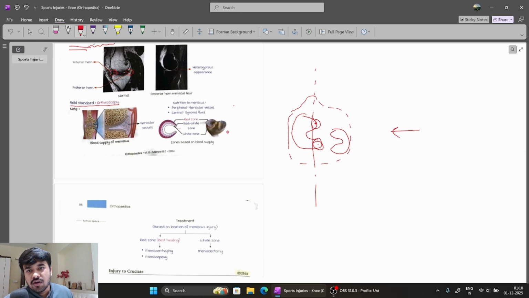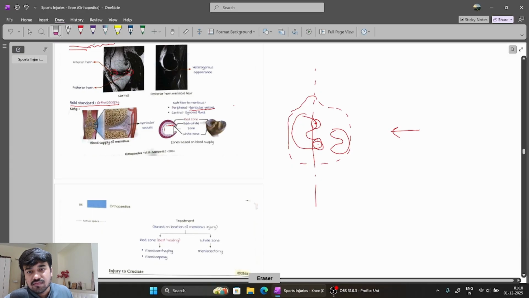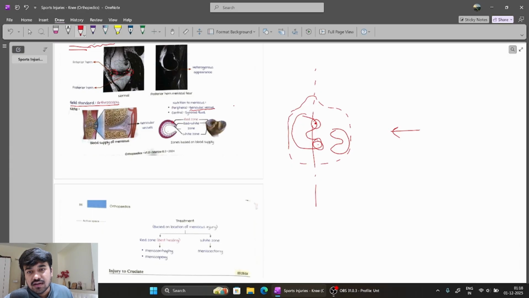Now coming on to the treatment. To study the treatment of meniscal tear, we need to know the vascular supply of the menisci, right? Basically, the peripheral part of the meniscus gets blood supply from the genicular vessels, right?